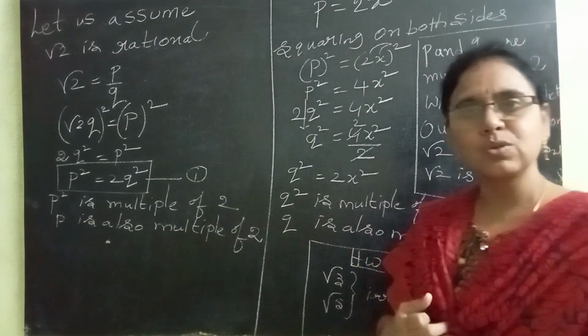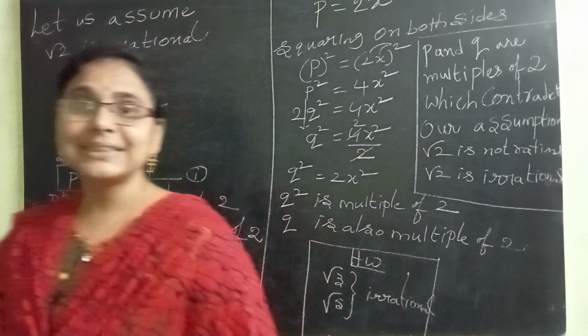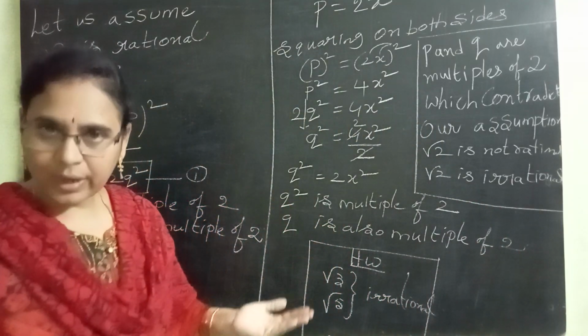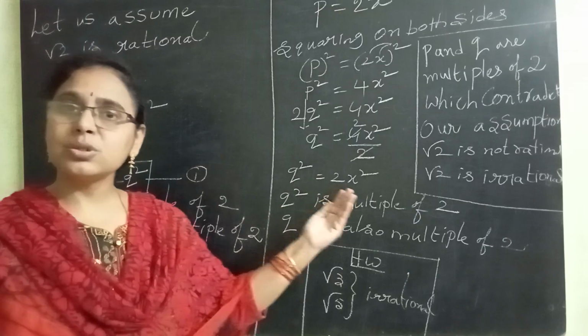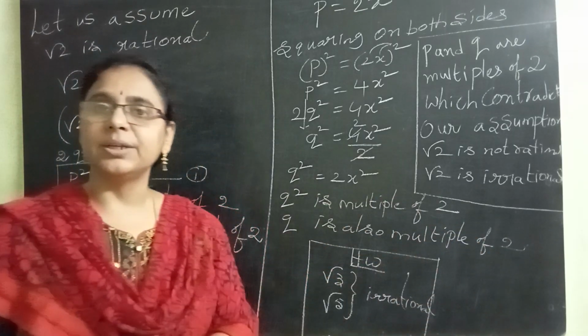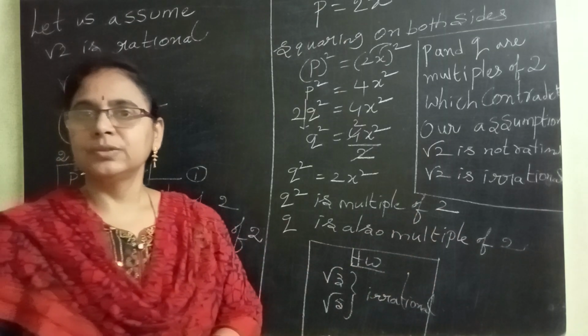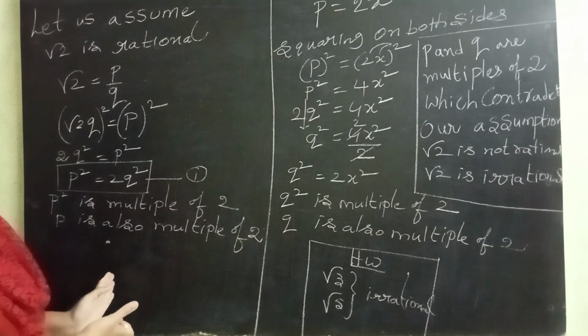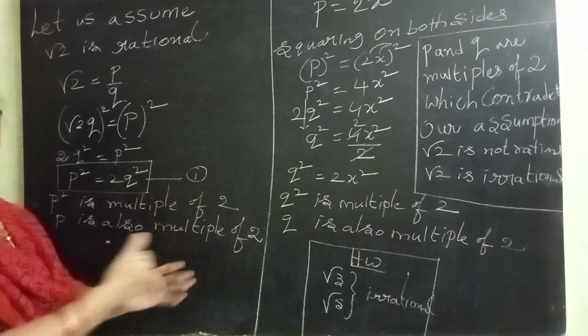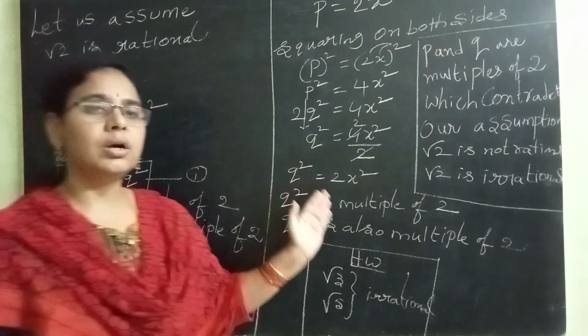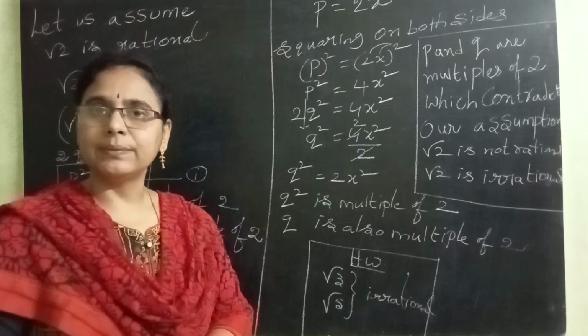Q square, you will also get 3x square. So again you got q square is a multiple of 3. Q is also a multiple of 3. So already previously you got p is a multiple of 3. Now you got q is a multiple of 3.